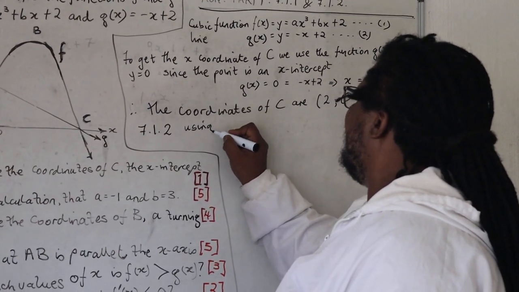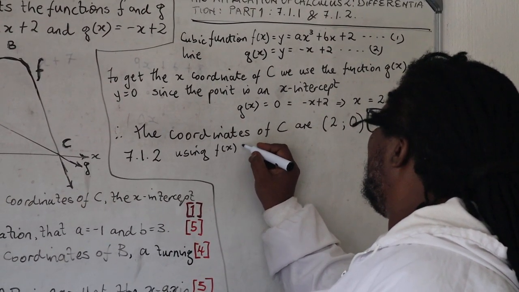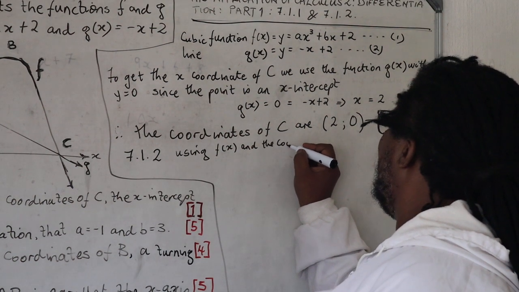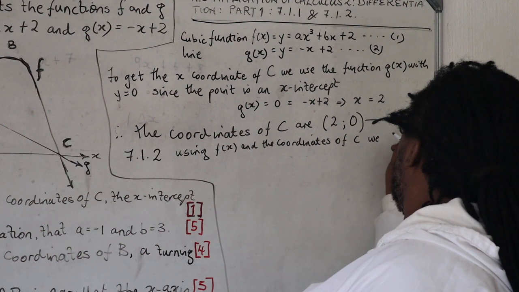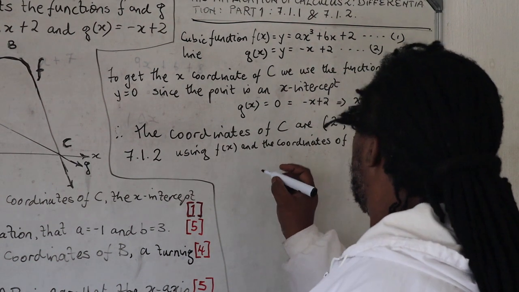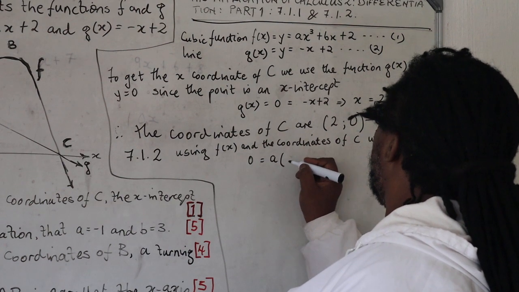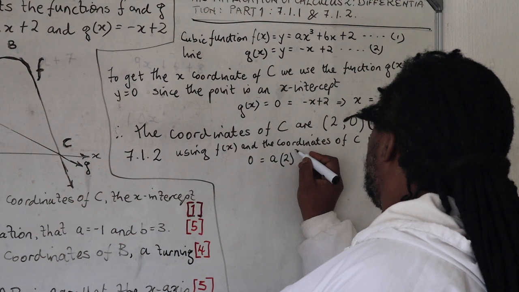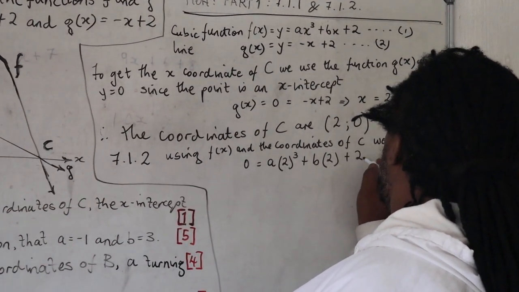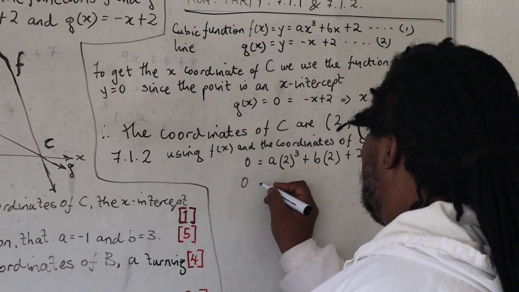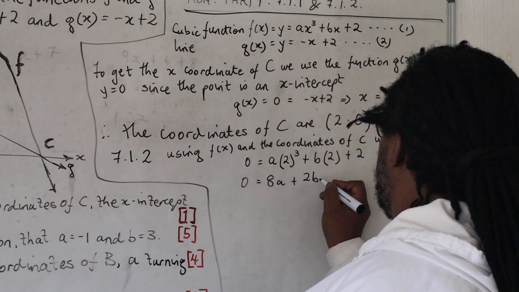So then using f(x), which is equation 1, and the coordinates of C, we know y is equal to 0 equals a(x is 2, so it's 2 to the power 3) plus b(x is 2) plus 2, and this gives us 0 is equal to 8a plus 2b plus 2.